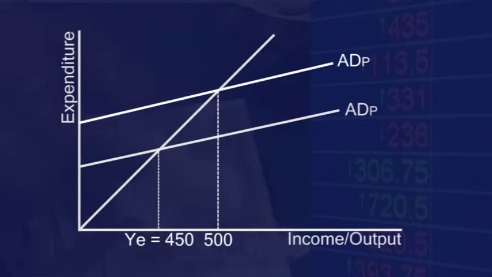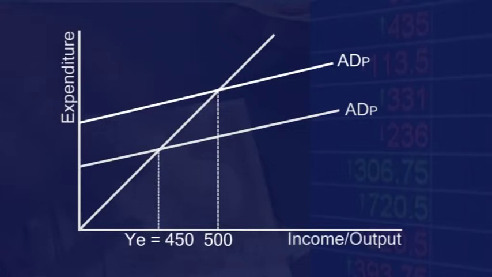This stimulus of demand is causing firms to find that their stocks are declining, and they respond by raising the level of output so that the new equilibrium level of output is not at 450 but is at 500.